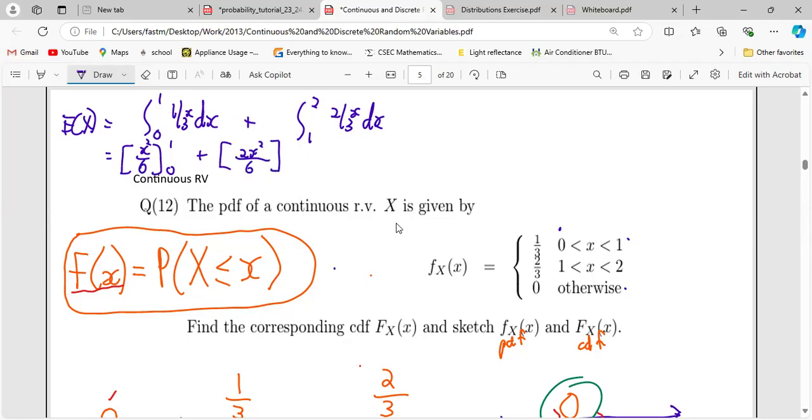Remember, when you're integrating, you add 1 to the power and divide by the new power. So it'll be x squared divided by the 1/3 by the 2, so the 3 by the 2 gives you a 6. This one will be between 1 and 2. You plug in like normal integration, b minus a, and you get your value, and that will be your expectation.